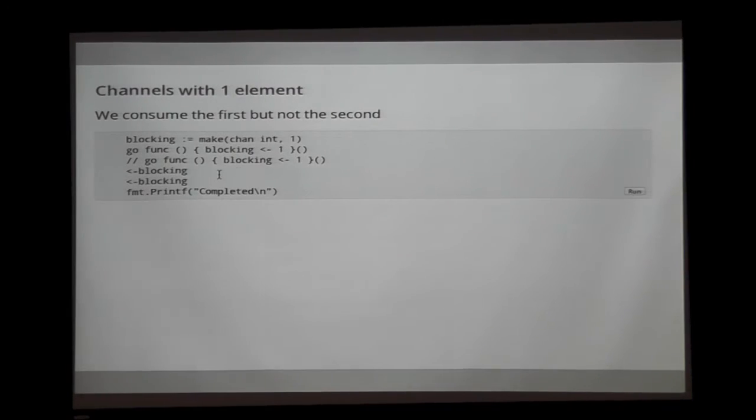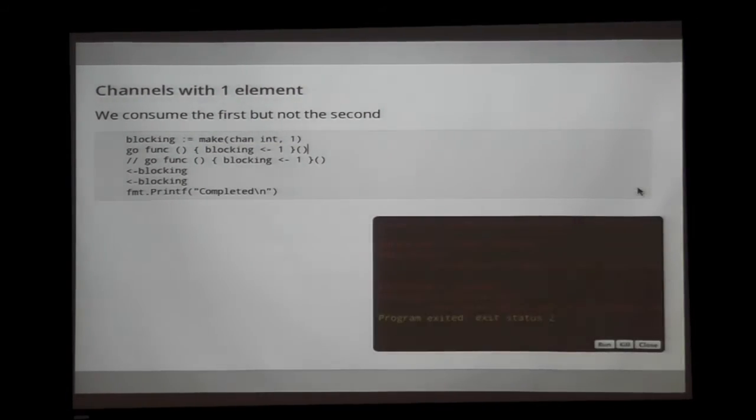Now we create another channel that can buffer only one value, and what happens is it will send the first one, this will block and release, and this will block again, but because there is no other coroutine that's sending, the program goes into deadlock. And simply by running this, it completes.